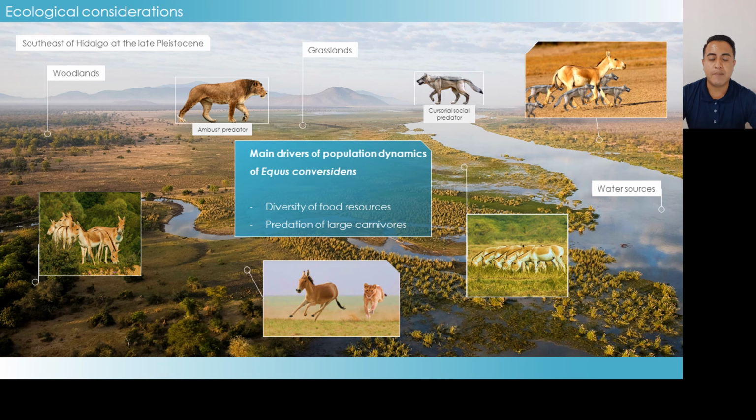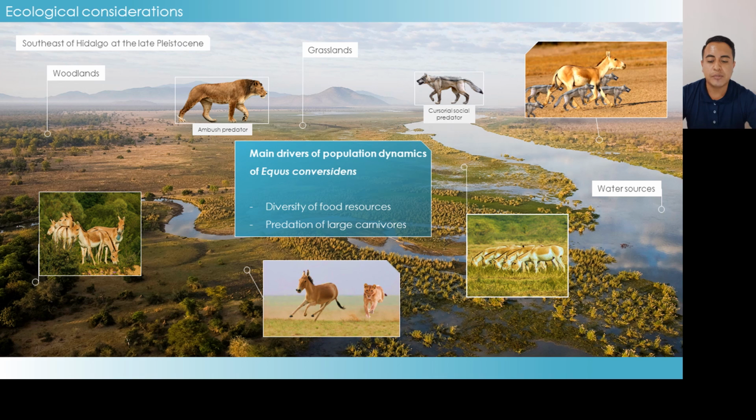Isotopic ecology and palynological studies indicate that savanna-like habitats with floodplains and channels were present in southeastern Hidalgo during the late Pleistocene. This ecosystem sustained several populations of large mammalian herbivores, providing an environment with diverse food plant resources.